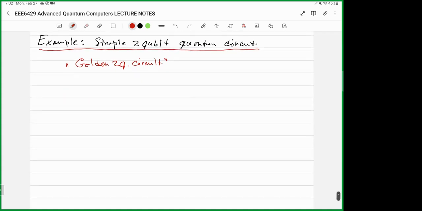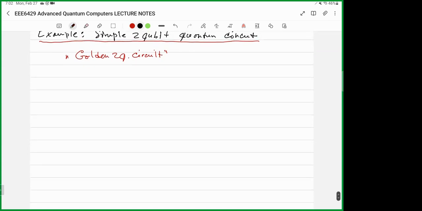Why golden? Because it's very important for applications. So what is this about?